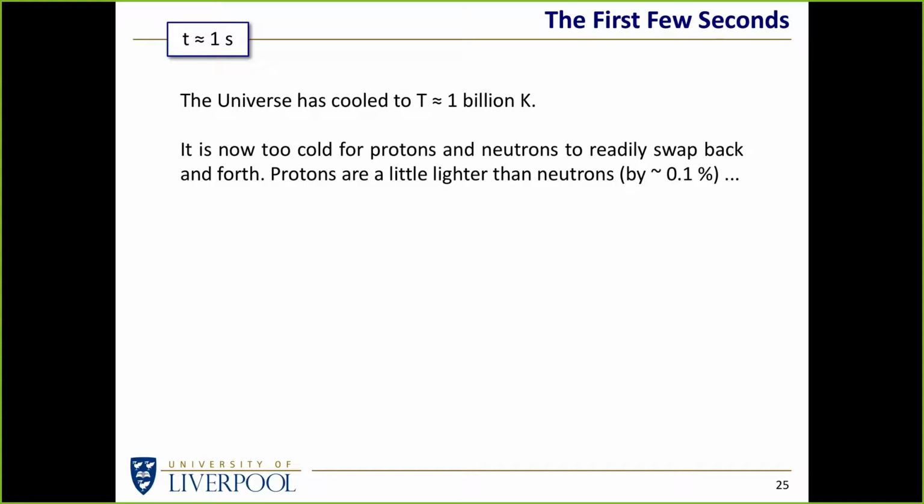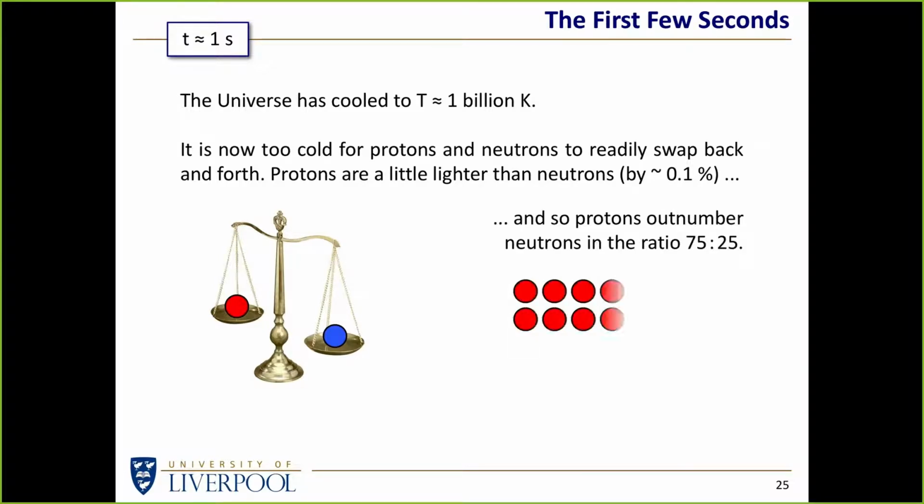So protons are a little lighter than neutrons, only by about 0.1%, but because of that difference in mass, the protons end up outnumbering the neutrons. The universe can make lots of protons and lots of neutrons, but it ends up with a preference for the protons.